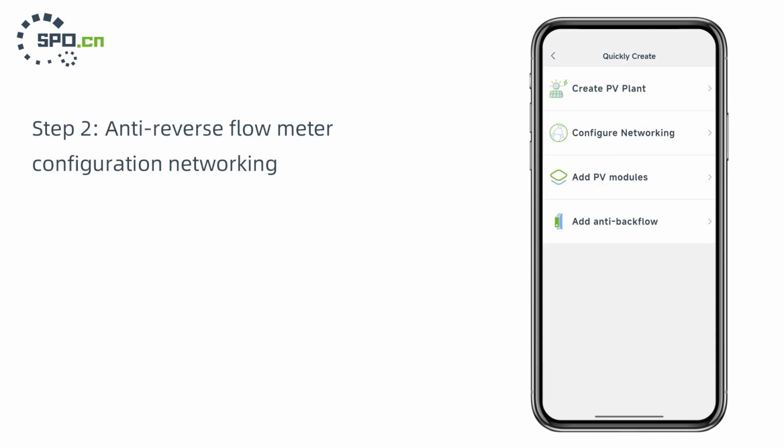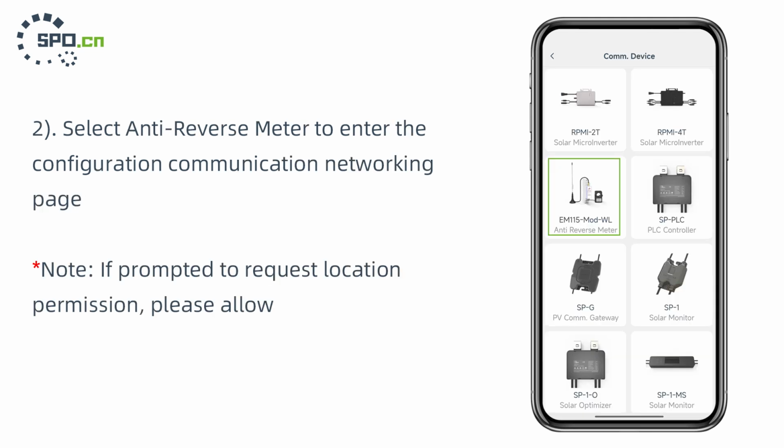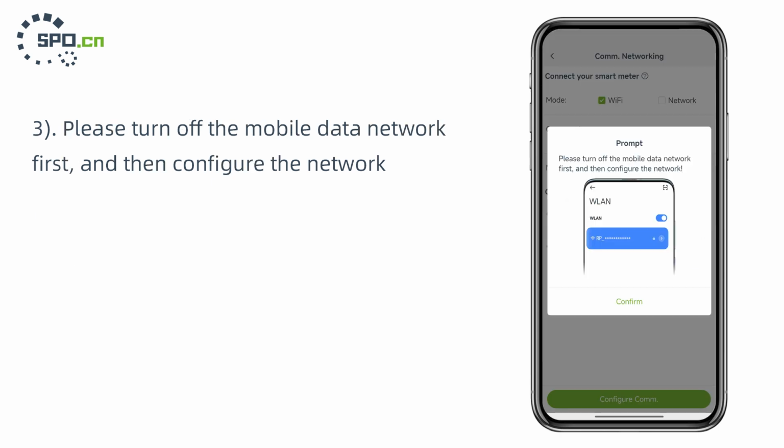Step 2. Anti-reverse flow meter configuration networking. Return to Quickly Create and select Configure Networking. Select anti-reverse meter to enter the configuration communication networking page. Note: if prompted to request location permission, please allow. Please turn off the mobile data network first and then configure the network.